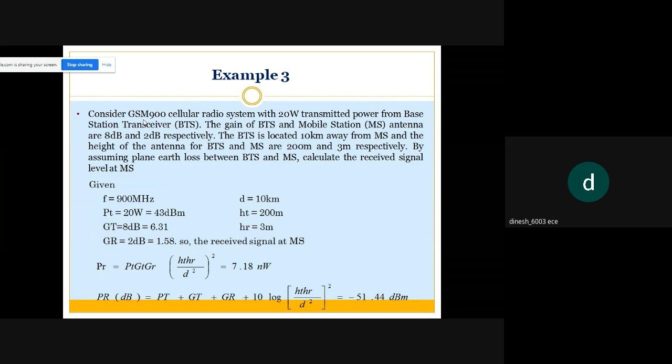A GSM 900 cellular radio system operates at 900 megahertz with 20 watts transmitted power. Keep in mind it is PT, in watts, which is being transmitted from the base station transceiver, which is the BTS.